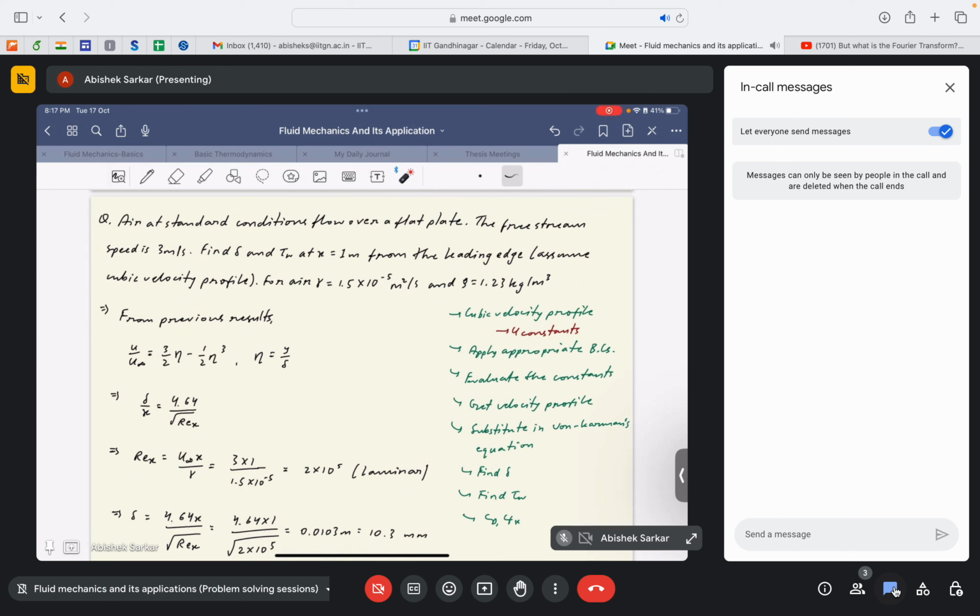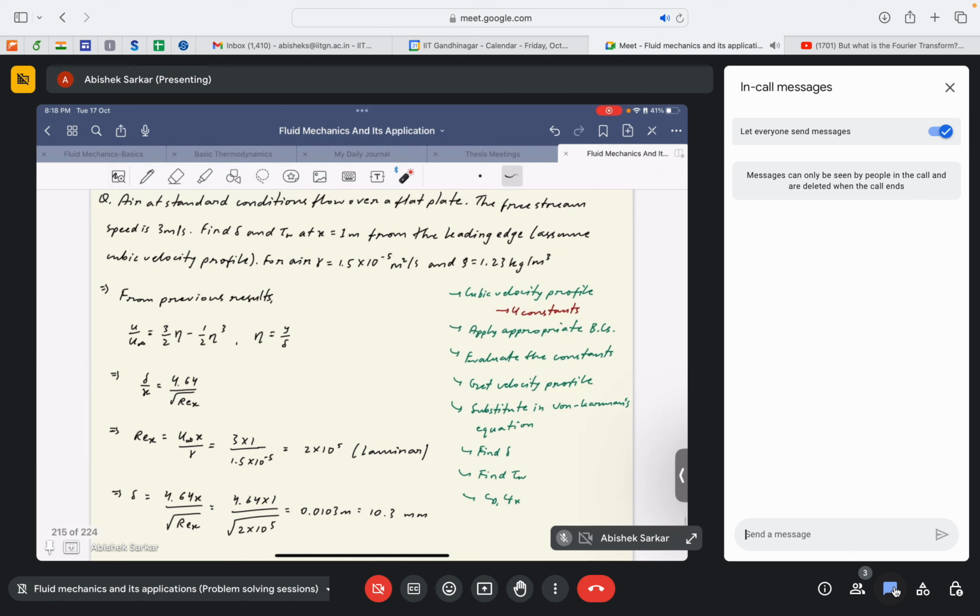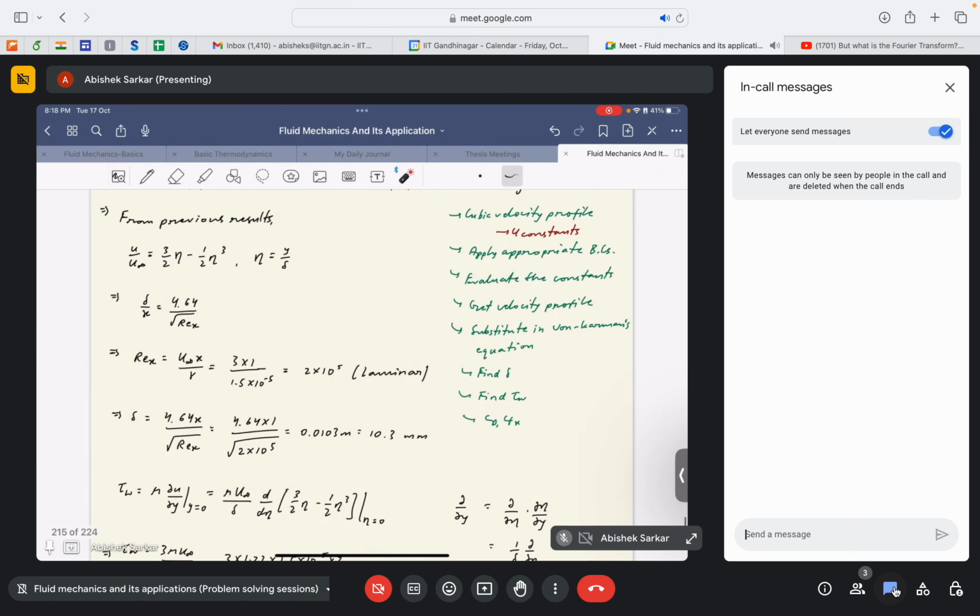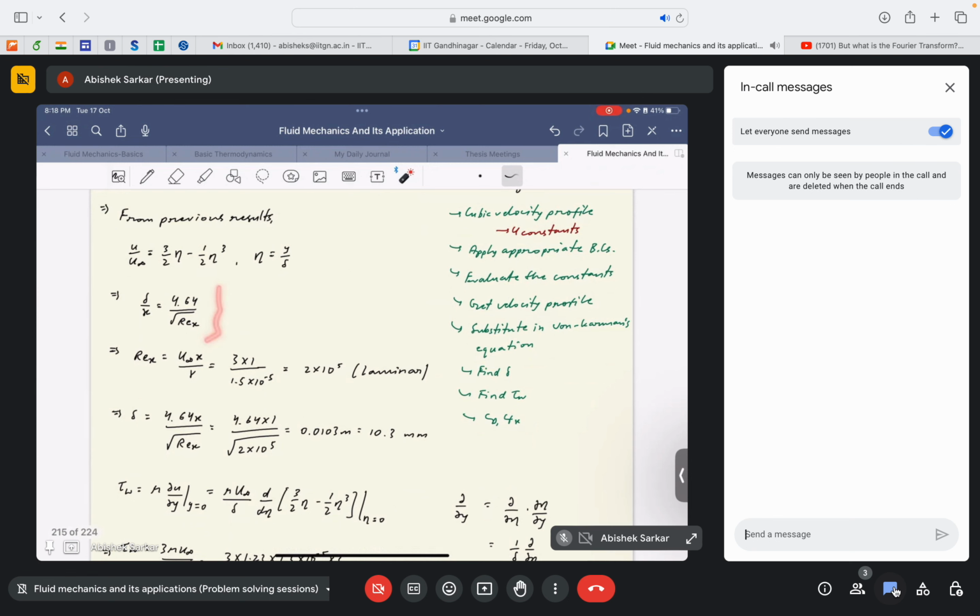We got the form of the cubic velocity profile, given that we apply the appropriate boundary conditions, by this expression, where eta is equal to y by delta, and we also got that the boundary layer thickness varies as this expression. Since we already have the solution, I will just substitute it in the expressions.